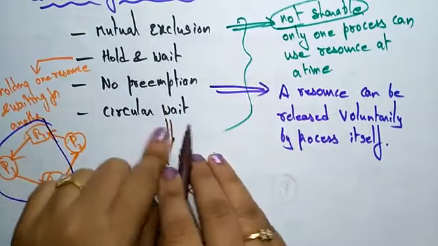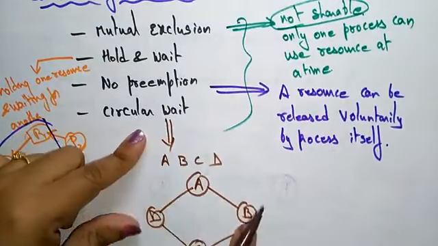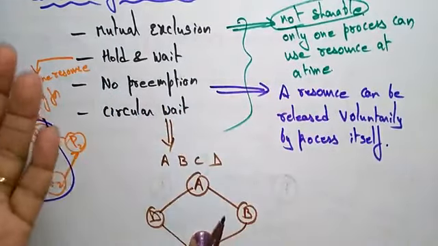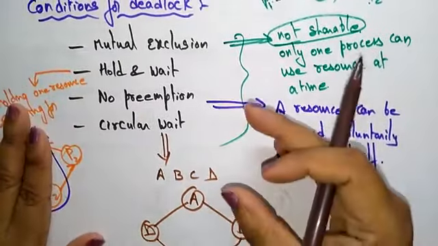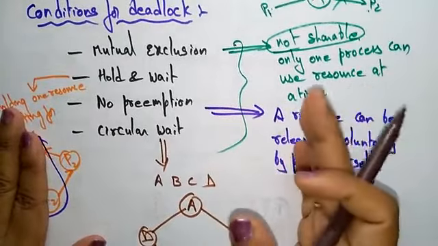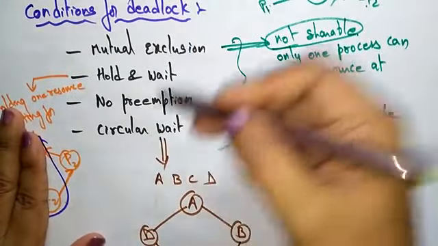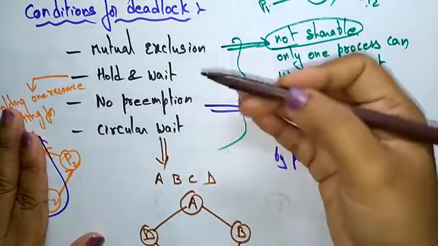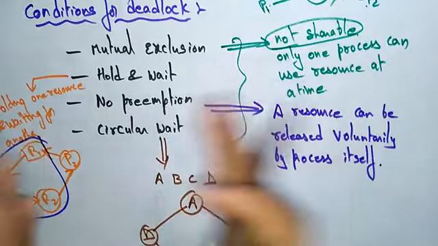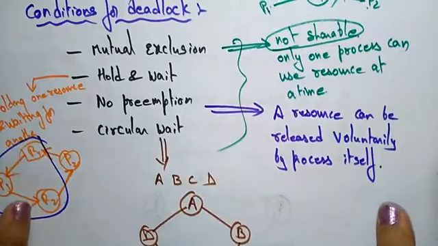And if you avoid the circular condition, then you can prevent this deadlock. So the main reasons for deadlock are these 4 conditions: mutual exclusion, hold and wait, no preemption, circular wait. If all these conditions are there, it leads to a deadlock.